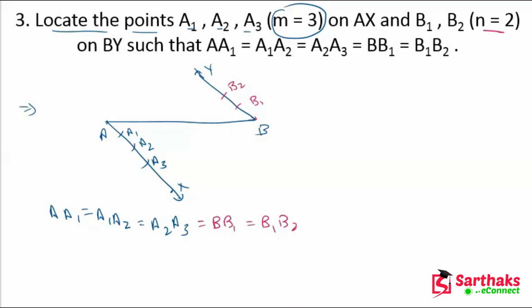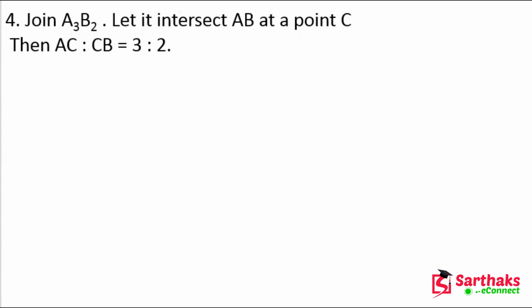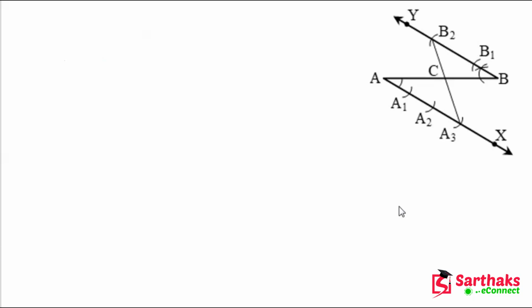So now the next step says join A3 and B2. Let it intersect AB at point C, then we have AC:CB is 3:2. Now the final diagram will be like this.